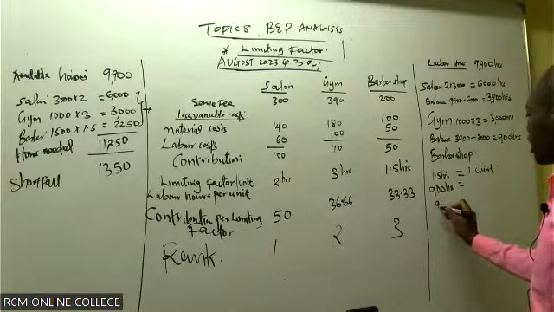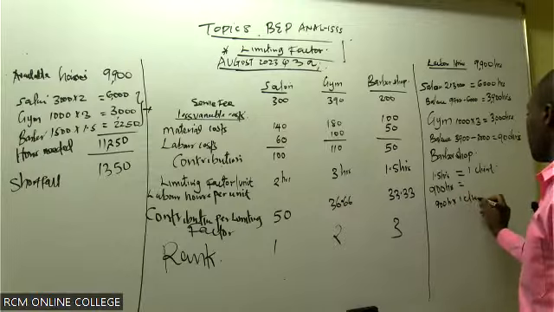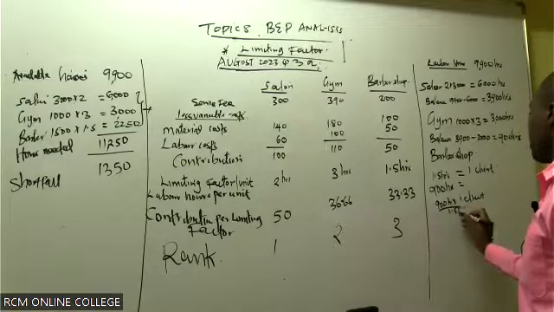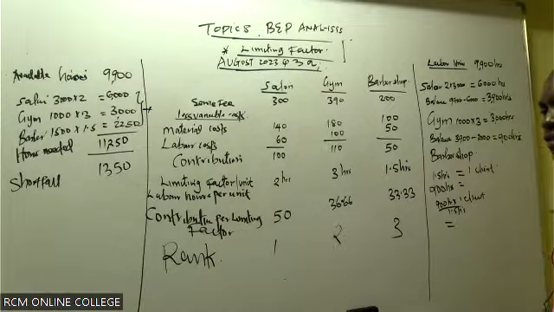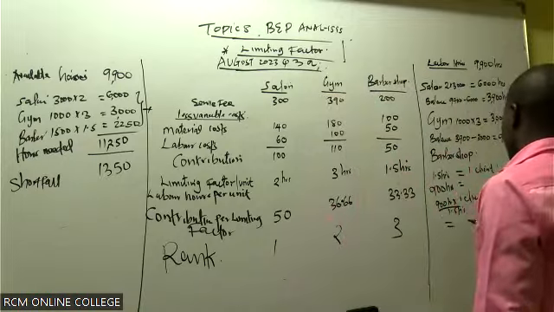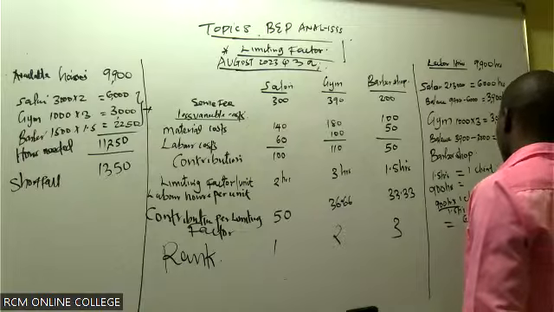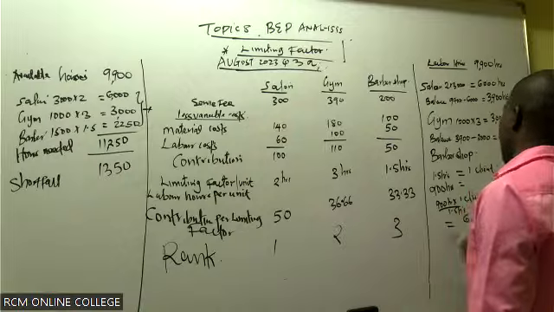I'll be having 900 hours multiplied by 1 client divided by 1.5 hours. How many clients will I serve? 600 clients.